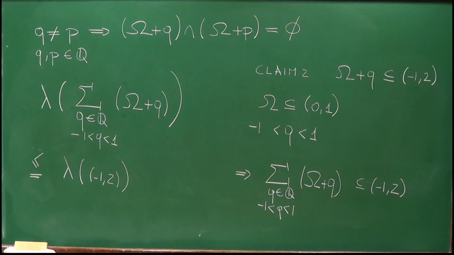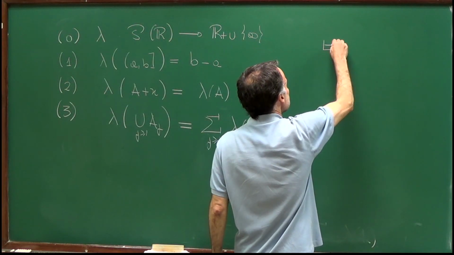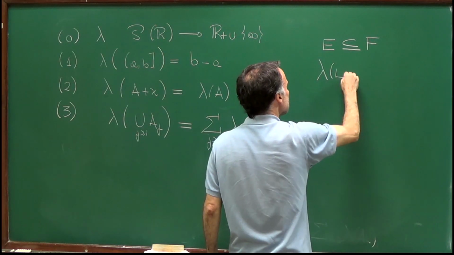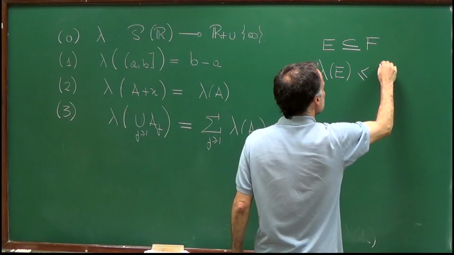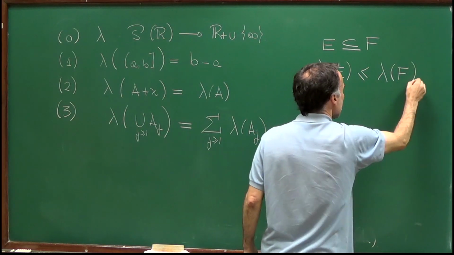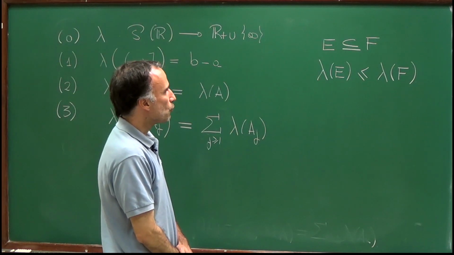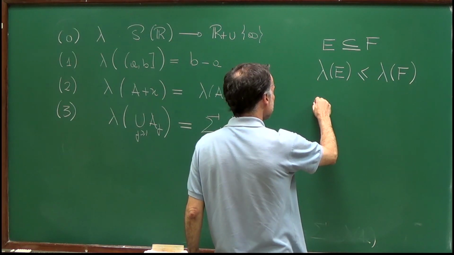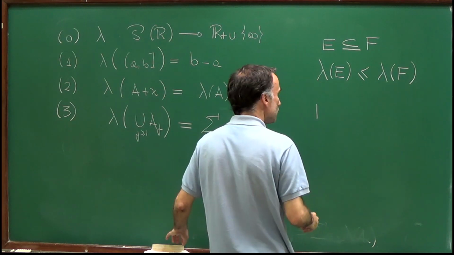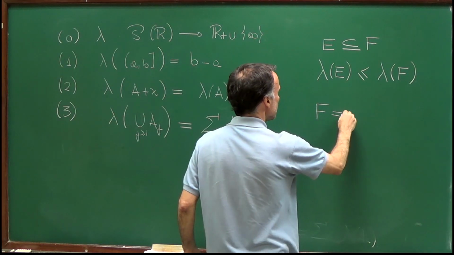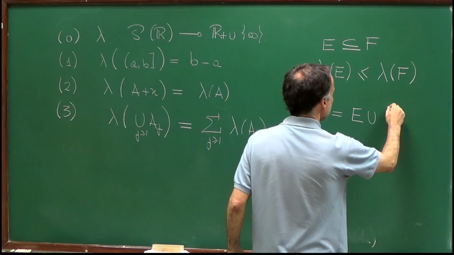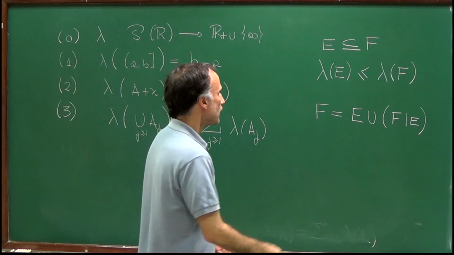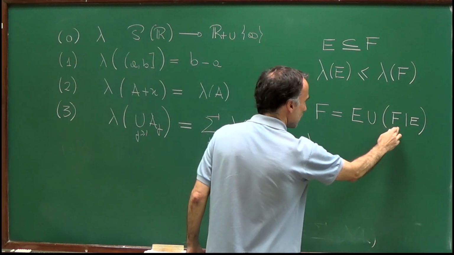What I'm using here is that if the set E is contained in a set F, then lambda E is less or equal than lambda of F. Why is this true? Because I can always write F as E union F minus E. These two sets are disjoint.